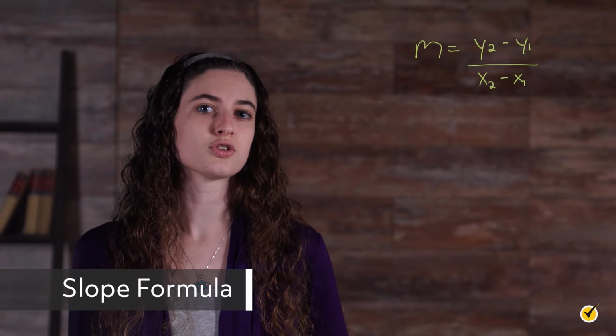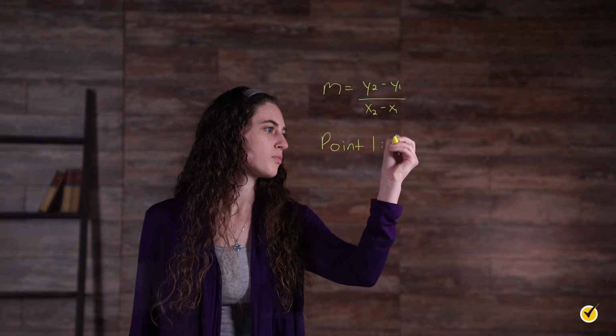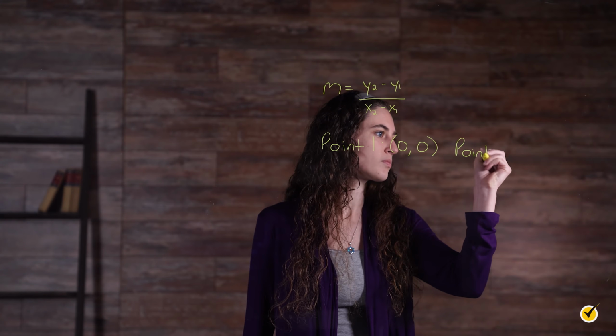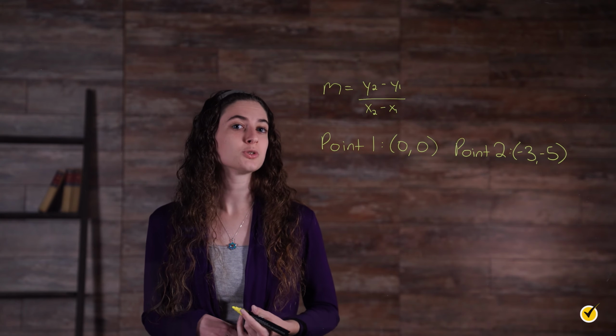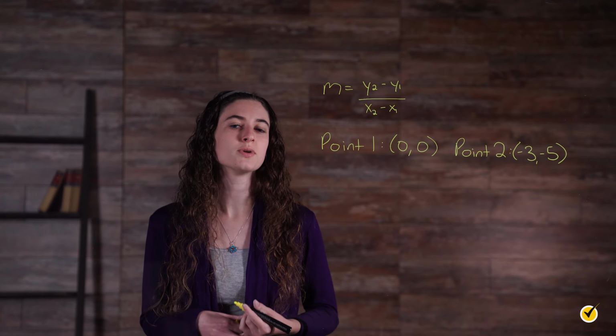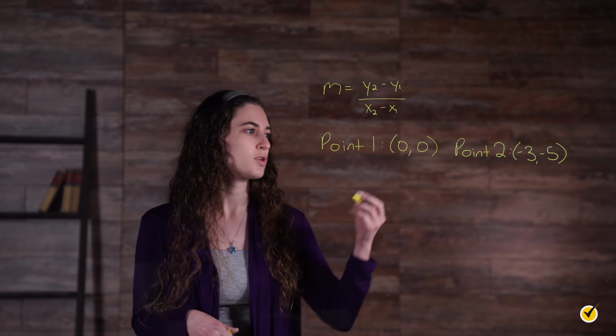Let's call the center of the circle point 1 and the tangency point number 2. Remember, it doesn't matter which point we call 1 or 2, just that we need to be consistent on how we substitute once we decide.